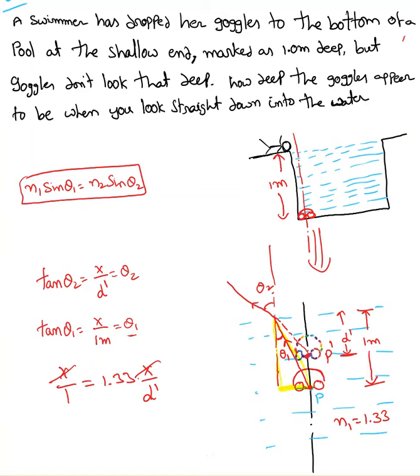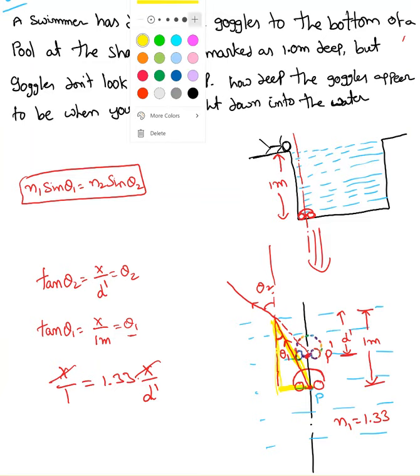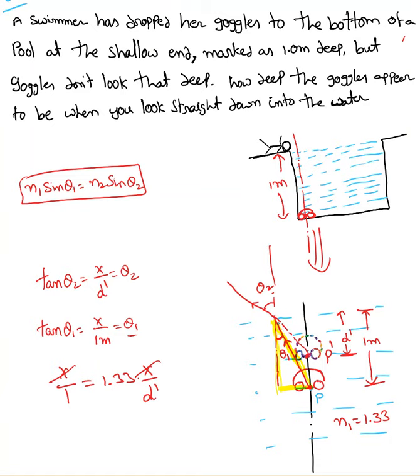In this triangle, I know this length is x, and this is 1 meter. So can I say tan theta 1 equal to x over 1, x over 1 meter.